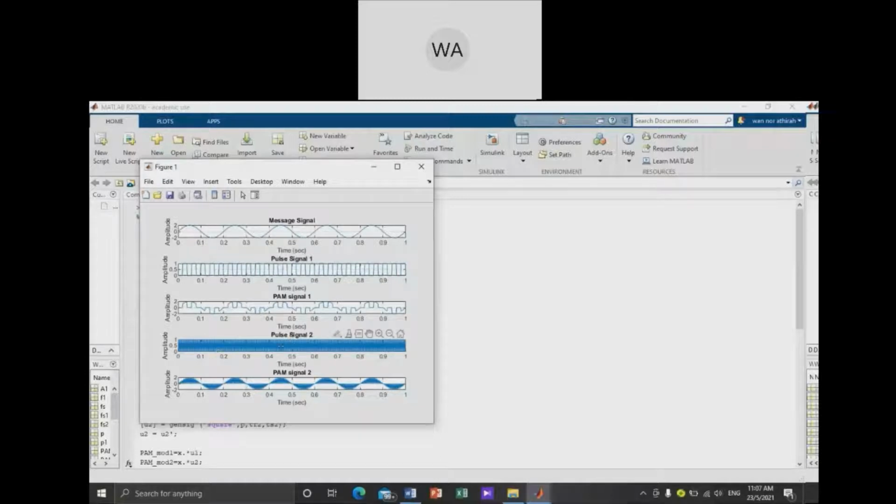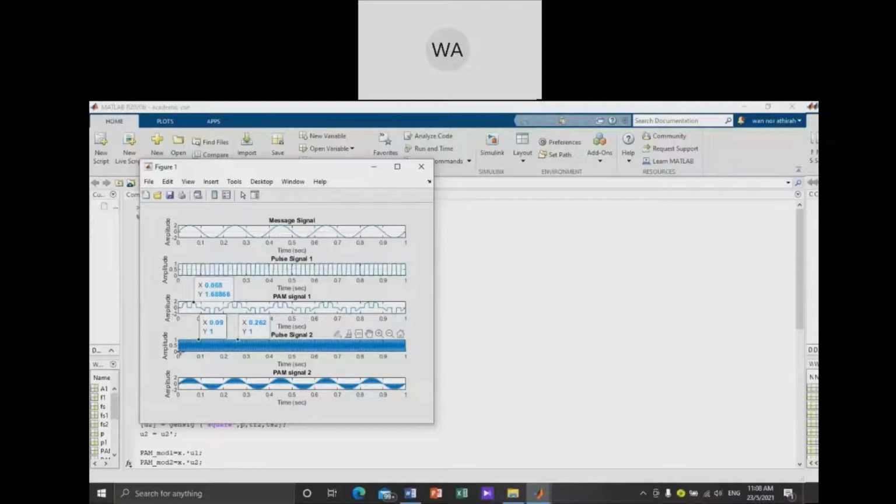Next is PAM signal 1. Graph number 4 is pulse signal 2. The amplitude of PAM signal 1 is 1.68866 amplitude. Time second to complete one cycle is 0.15. Okay, the pulse signal 2 is the amplitude 1.